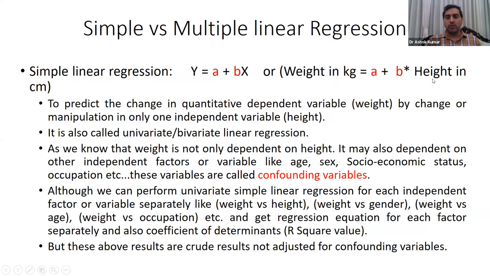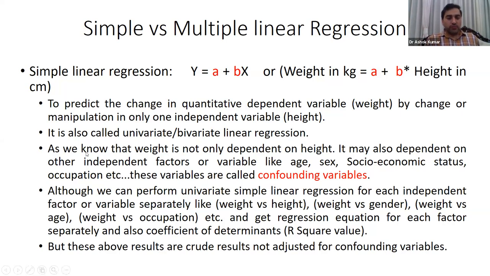So weight is dependent on height. This equation predicts the change in the quantitative dependent variable, weight, by change in only one independent variable. It means simple linear regression, also called univariate or bivariate linear regression.